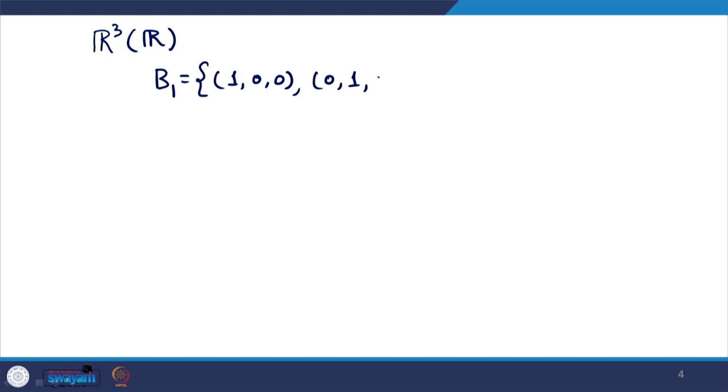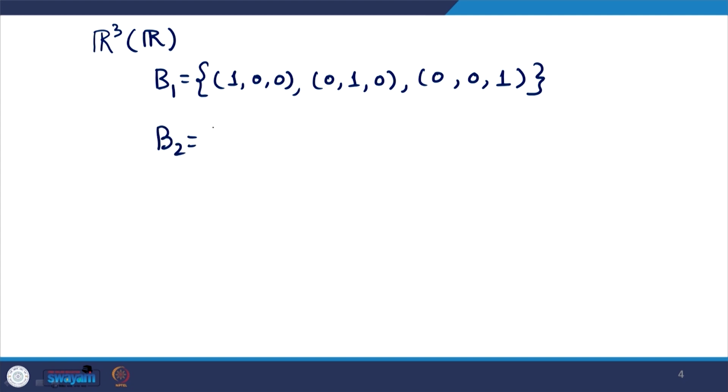So, for example, if we talk about R3 over R, you have seen that the set of vectors (1, 0, 0), (0, 1, 0) and (0, 0, 1) forms a basis for R3 over the field of real numbers.